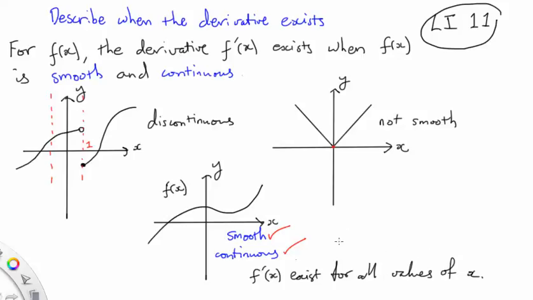What I'm saying is that the derivative exists for all values of x. So over here, the derivative doesn't exist, but if we wanted to find a derivative of this function, we could. We would just have to restrict the domain. Over here, we'd have to chop out this point.